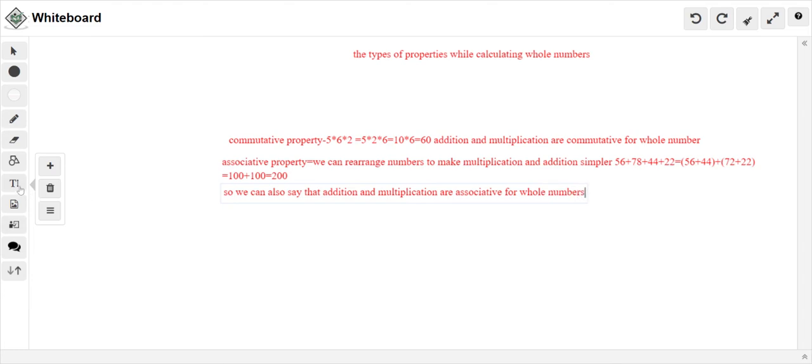The next property is the closure property.